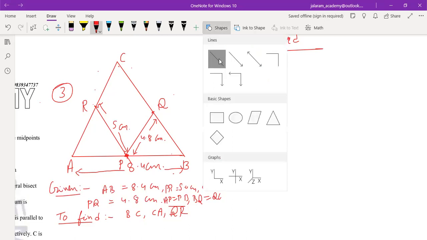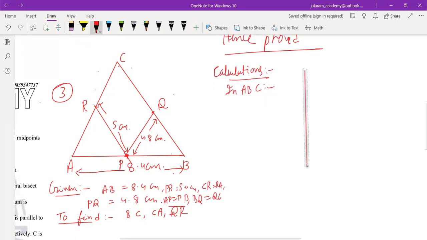And in triangle ABC, whenever you write a statement, you have to write its reason also in geometry. In triangle ABC, AP equals PB. Why? So you mention given. Reason is given. AP equals PB. AR equals RC. Reason, it is also given.